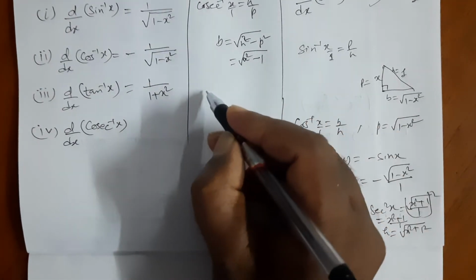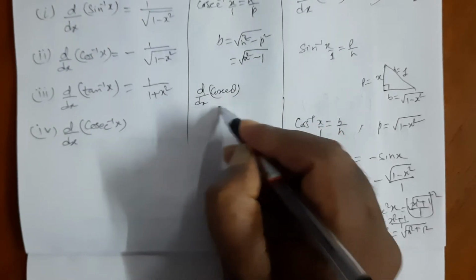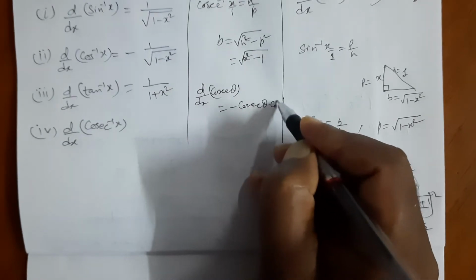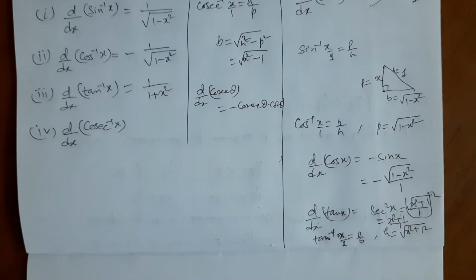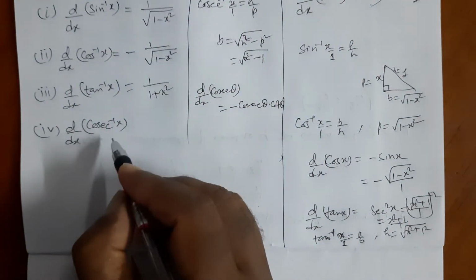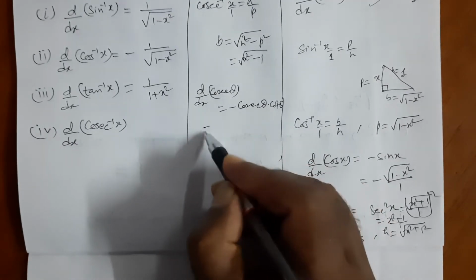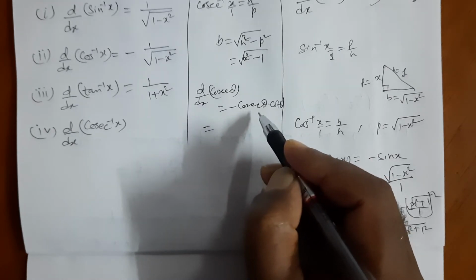Now the cosec theta derivative, let's see, d over dx of cosec theta formula is minus cosec theta times cot theta. Okay, we have this formula, and with the help of this formula we can find out the derivative of the inverse circular function. So cosec means it is h over p.